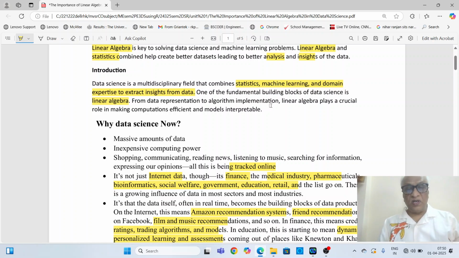All those aspects have become online, and they are generating huge data. And you have computing power, which is becoming more and more inexpensive, even in the form of clouds, where storage is possible, privacy and security is also maintained, right? So huge data is being generated.